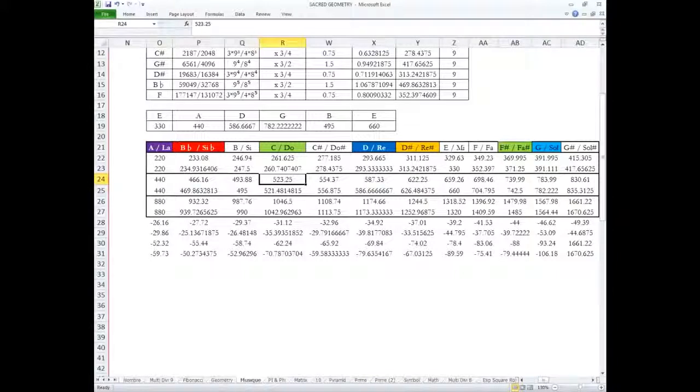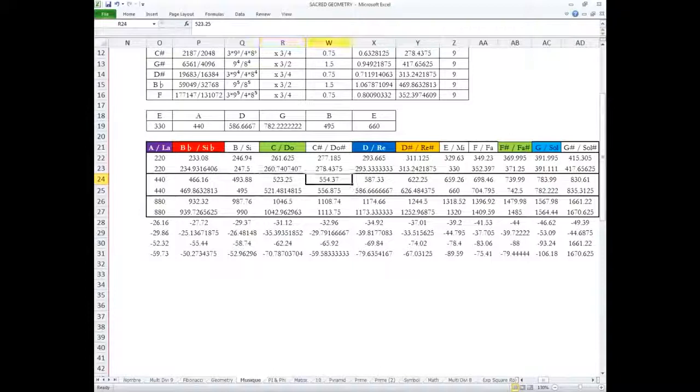Okay, if you take the C, 521.4815, this is mine. And here you have 523.25. So it's actually 1.80 Hertz above mine. Sometimes it's under, sometimes it's above. The C sharp, 454, 456 for mine.